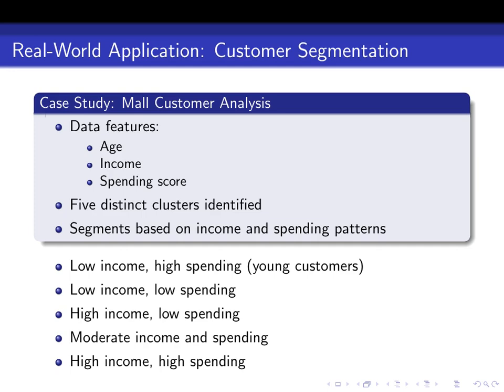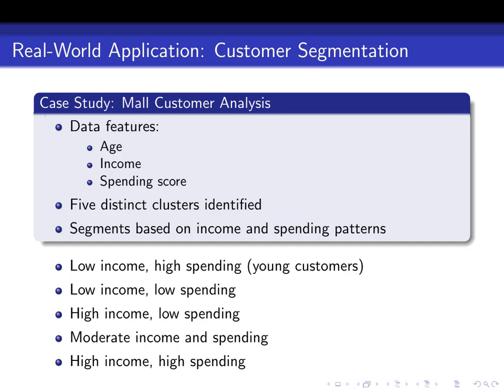Let's look at a real-world application. Customer segmentation. In a fascinating case study of mall customer analysis, researchers looked at three key features: age, income, and spending score. They identified 5 distinct clusters, each representing different customer segments.